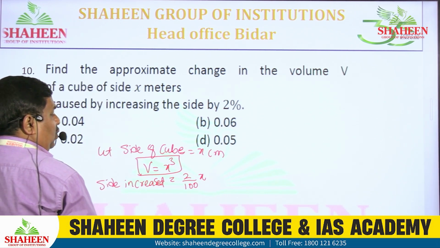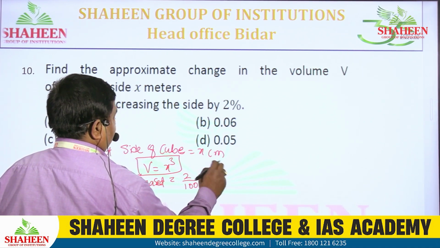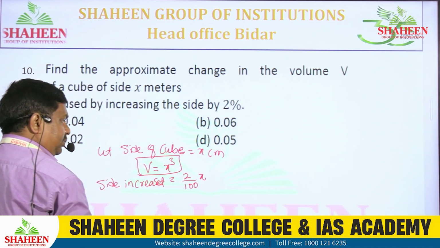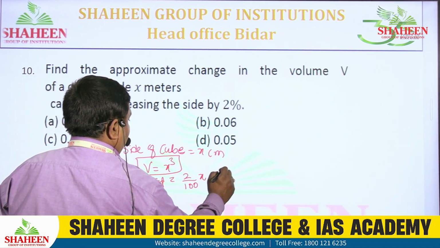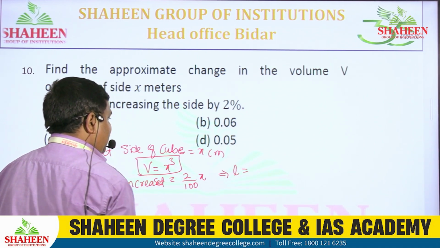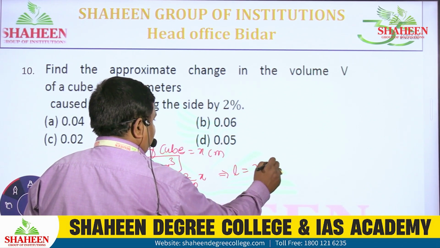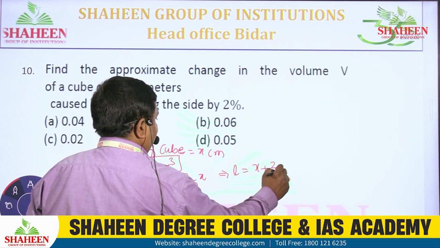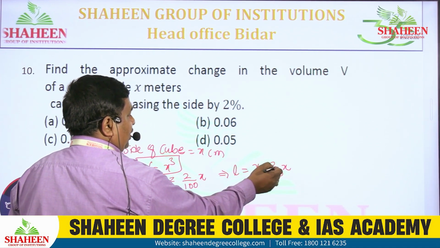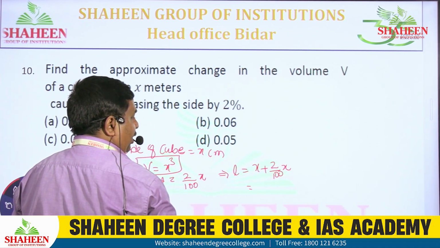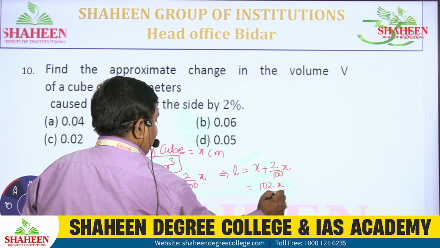Increased by 2x by 100, then the total length of the side of the cube becomes x plus 2 by 100 x. 100 plus 2 is 102, so 102 x by 100.